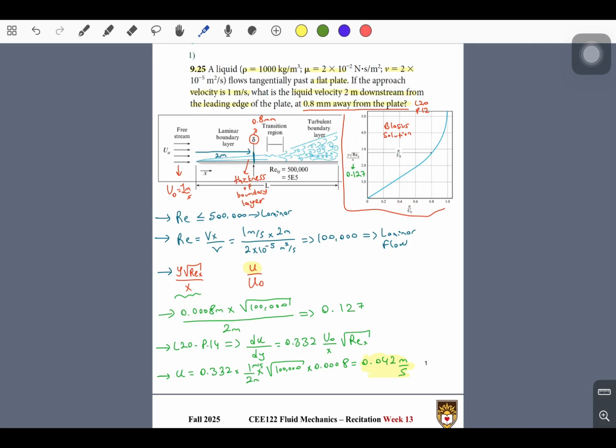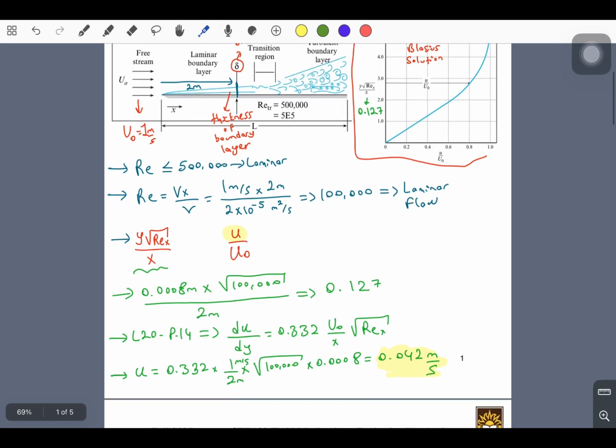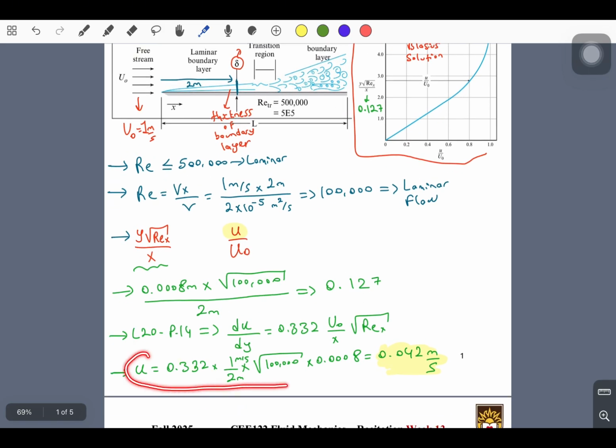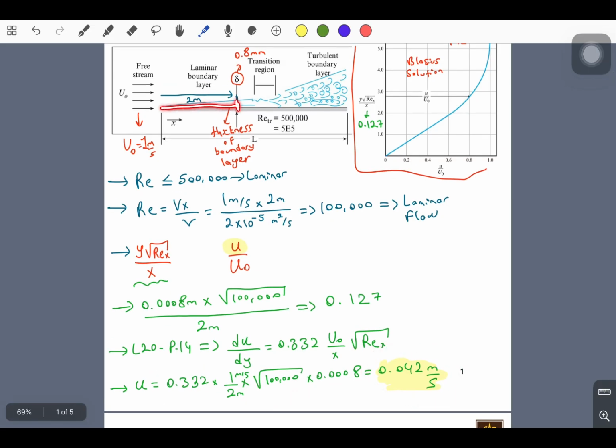The free stream velocity was given as 1 meter per second, and we needed to find u. From the solution, we have a direct approach, which is given in your lecture text. Using that relationship, we calculated the velocity of the fluid at this point.